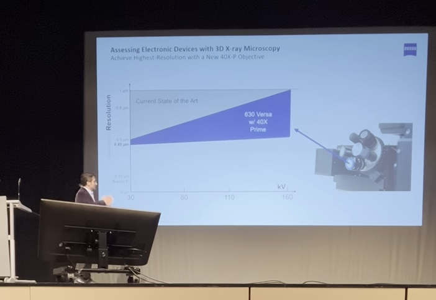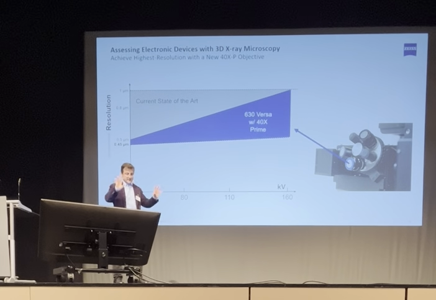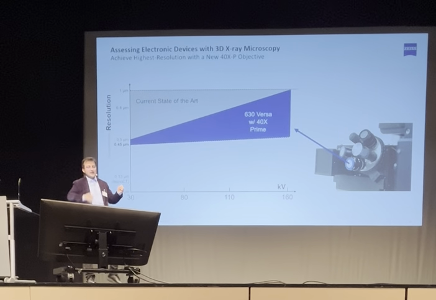The typical current state of the art is that you get the highest resolution of 500 nanometers with typical detectors, but that's for a low kV. As soon as you start increasing the kV, the resolution actually decreases and it's more in the order of 1 micrometer or so.